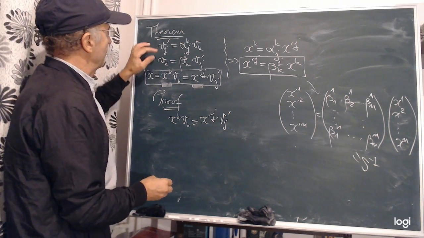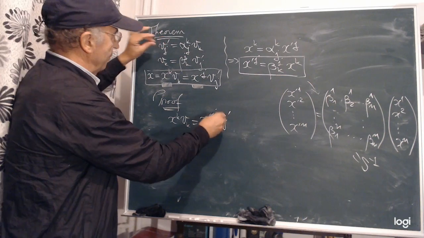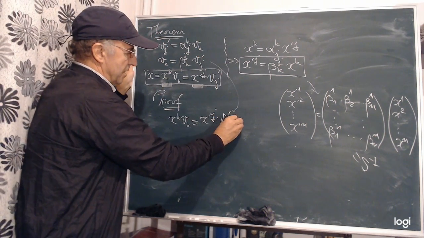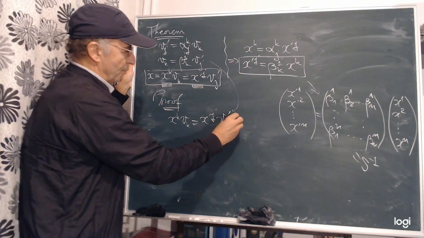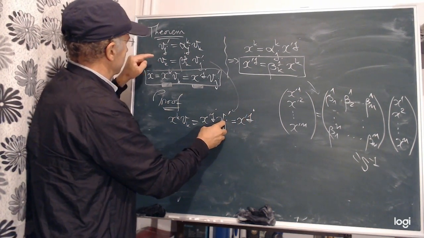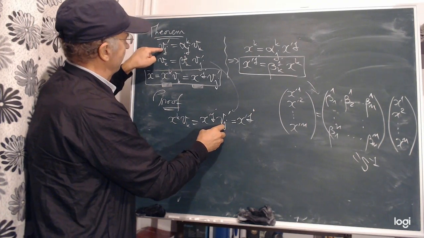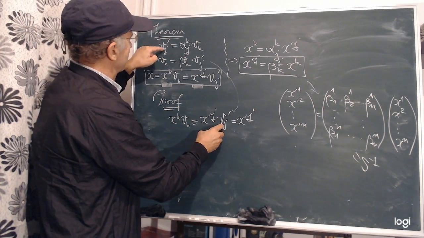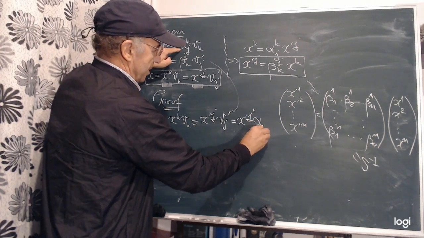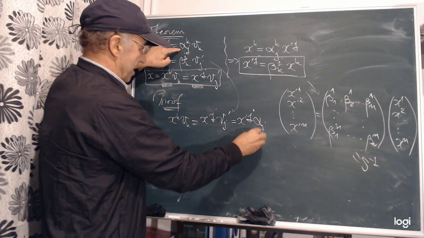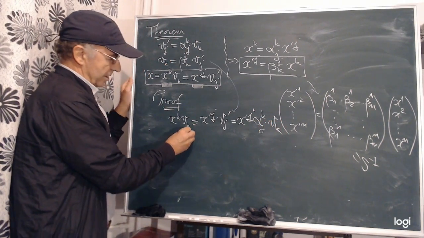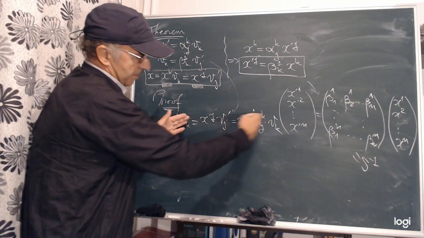And we substitute, by using this relation, for v prime j we put alpha jk vk.